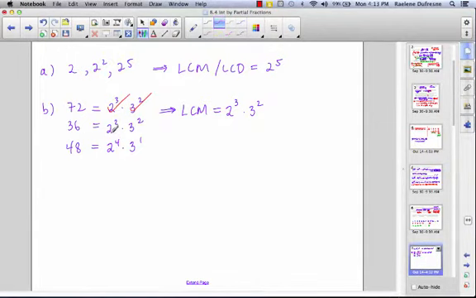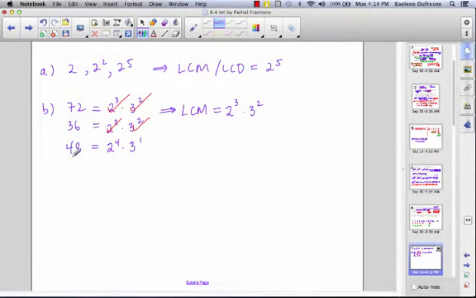In order for 36 to divide into, we have to have at least 2 factors of 2 and 2 factors of 3, which we do, so we don't need to introduce anything more. Currently, the LCM is 72, and our first number will divide into the LCM 1 time. The second number of 36 will divide into the LCM 2 times, because there is an extra factor of 2 apart from 36's own 2 factors.